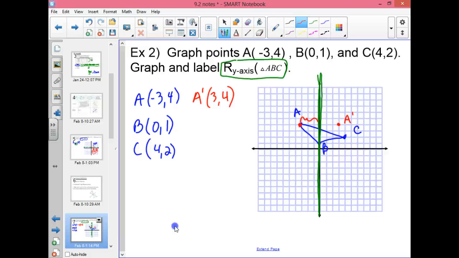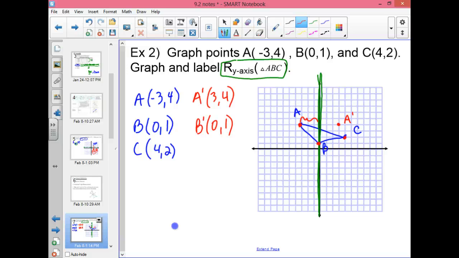All right. Then I'm going to go to B, and I'm going to reflect that over the y-axis. And that ends up just being the same. It doesn't go anywhere. It reflects back onto itself. All right, and then C, I'm going to reflect this point.